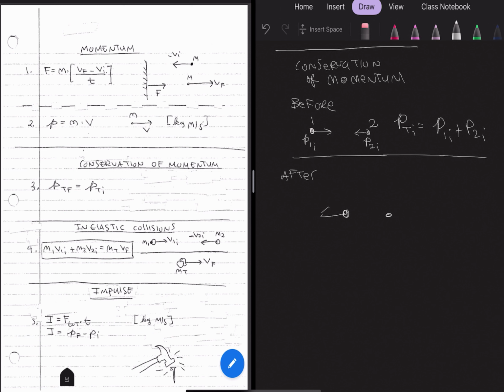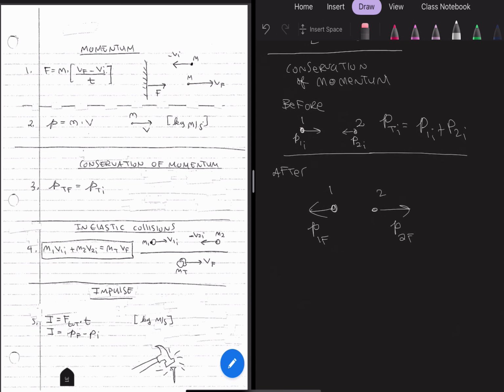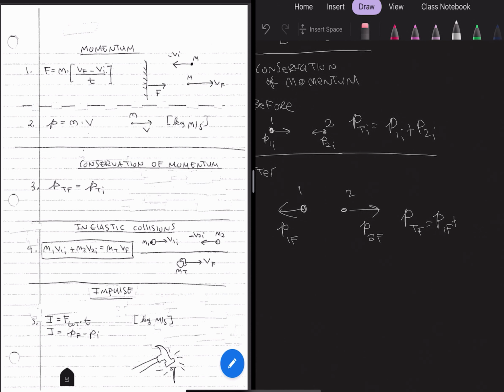So this is mass 1, this is mass 2, and because the velocities changed, or the speeds changed, that means that the momentum changed. So mass 1 is going to be moving with the momentum after the collision, I'll call it P1 final. And mass 2 is going to be moving with the momentum after the collision, I'll call it P2 final. And so after the collision, the total momentum is going to be P total final, which is going to be P1 final plus P2 final.